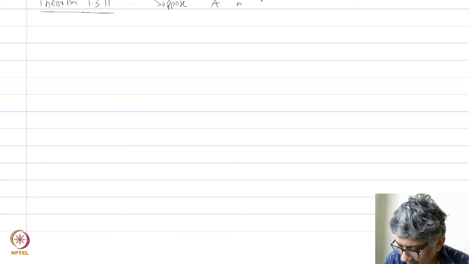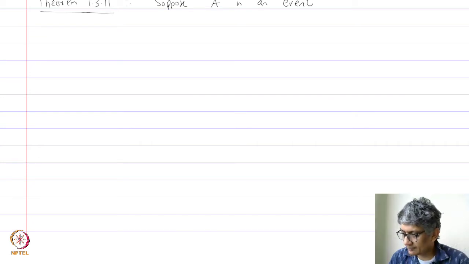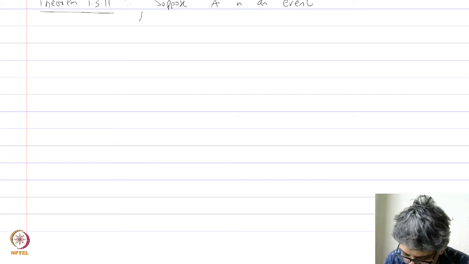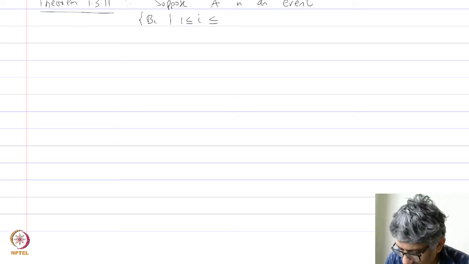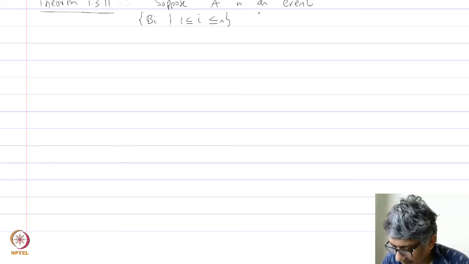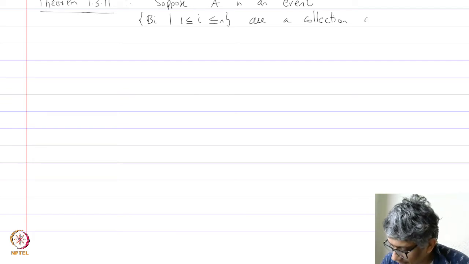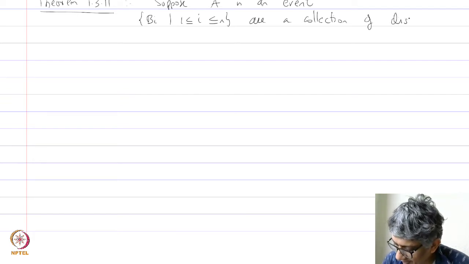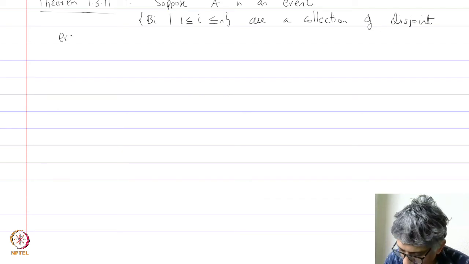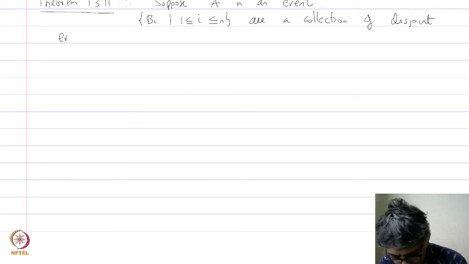Suppose A is an event and Bi, for 1 less than or equal to i less than or equal to n, are a collection of disjoint events whose union contains A. Oh, sorry, I have to use blue, so let's go back and fix this.